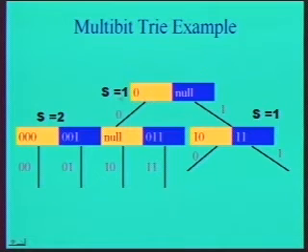at the root level I've got a stride of 1, so it's got 2 children. Then at the next level, this node has a stride of 2, so it's got 4 children, and this one has a stride of 1, so it's got 2 children. Okay. In this particular organization, I'm allowing you to keep the router table filters inside the branch nodes.